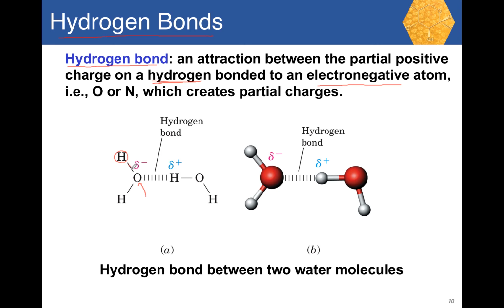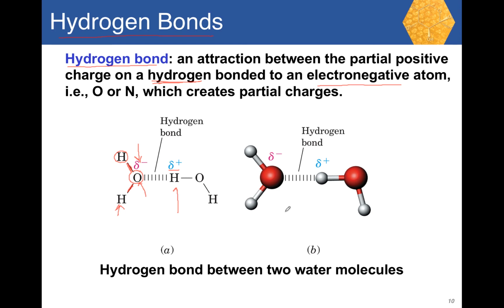So the electrons in these two bonds are closer to the oxygen than to the hydrogen. So therefore, oxygen acquires a partial negative charge, as shown here. The hydrogen will, of course, acquire a partial positive charge, as shown here.